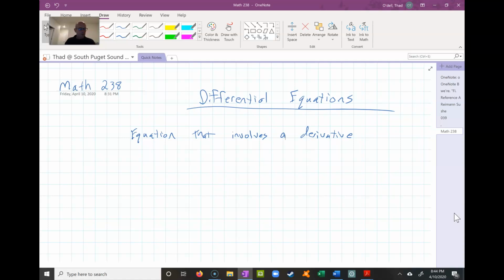So usually when we're trying to model something in real life, it can be very complicated. And so often what we'll do is try to limit the things that we're considering to make the model simpler. Okay.